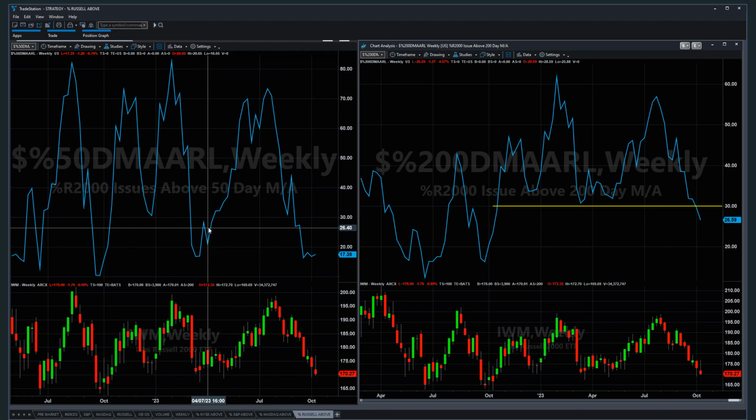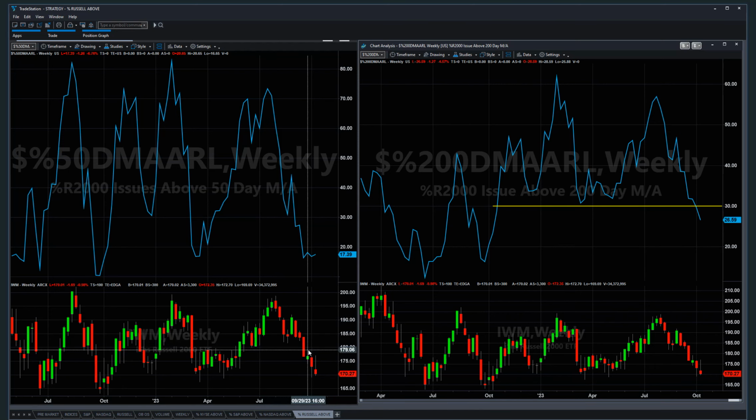But you can see that the percentage of stocks moving above their 50-day moving average was increasing as price was basically stalled, and then we get this break to move back up to the 200 stocks above their 50-day moving average. The same thing is true in the 200-day moving average as well.